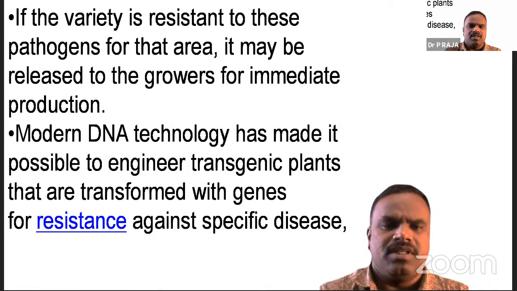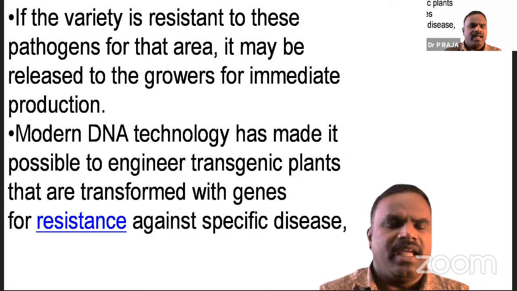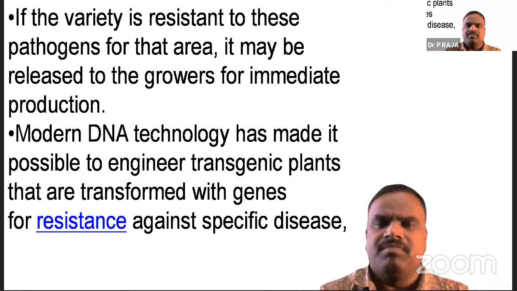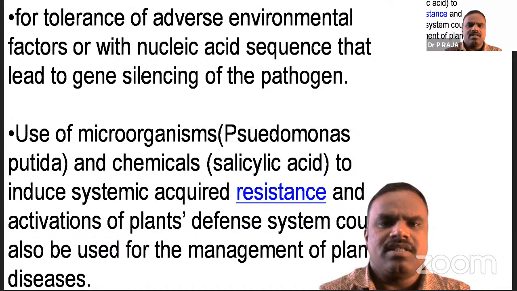All of this is more applicable for annual and biennial crops, not big trees. So it involves nucleic acid sequence that leads to gene silencing of the pathogen. Okay, so it is more studied on viral pathogens.